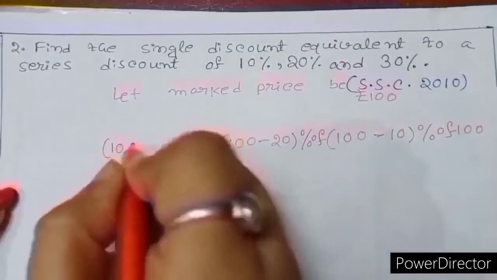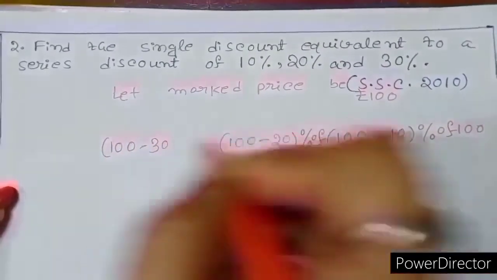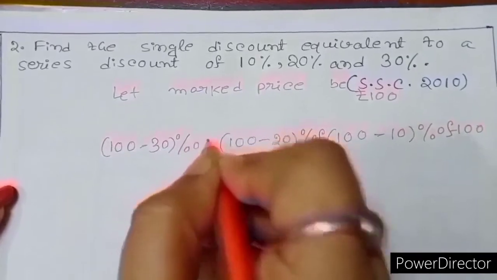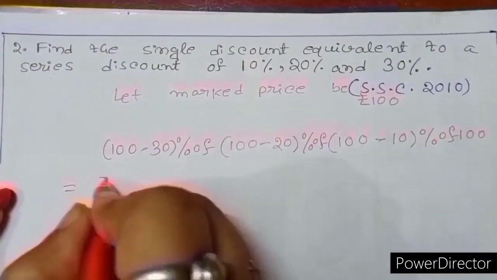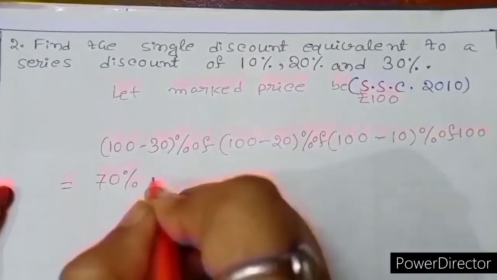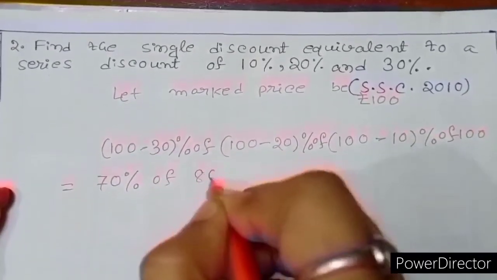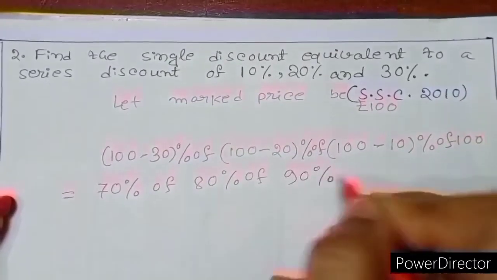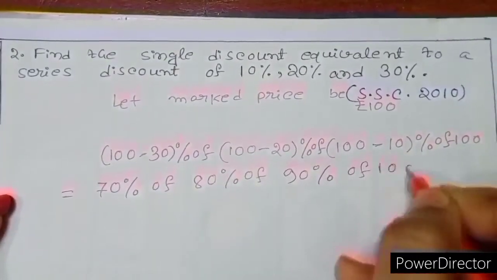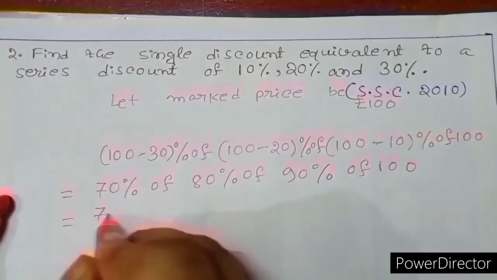And 30% means 100 minus 30% of this whole. So it means 70% of 80% of 90% of 100. Of means multiplication.